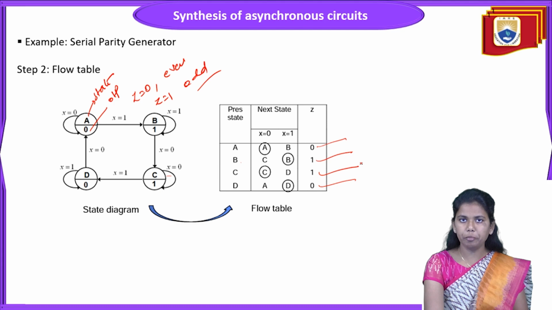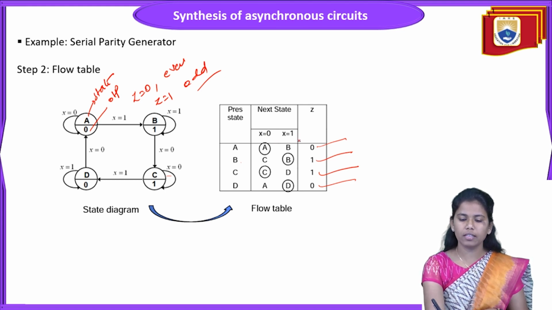Based on the output and the present state, we will find out the next state. The next state has two columns: x is equal to 0 and x is equal to 1.